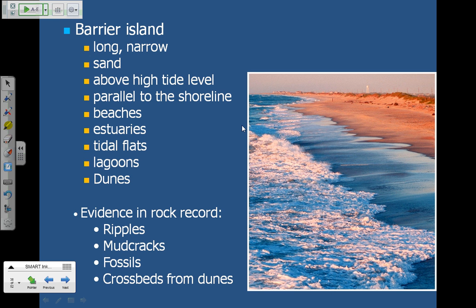Okay, our barrier islands. Barrier islands are really cool. Has anybody ever been to the Outer Banks in North Carolina? No? Really cool place to go. It's a national seashore. It's a whole chain of barrier islands, and there's a lighthouse built there at Cape Hatteras.